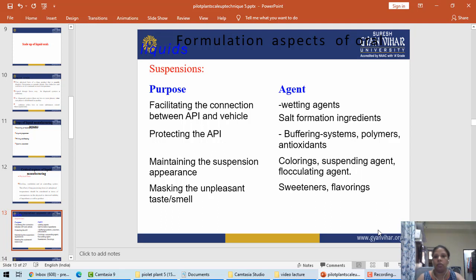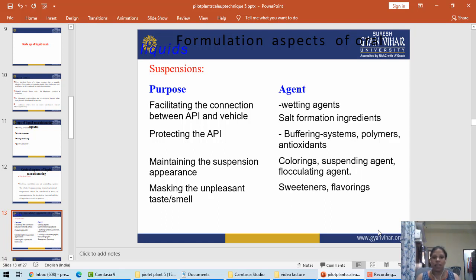Now formulation aspects of oral liquids. The first one is the suspension. For the formulation of suspension, purposes and agents are given. First, wetting agents are very much used.